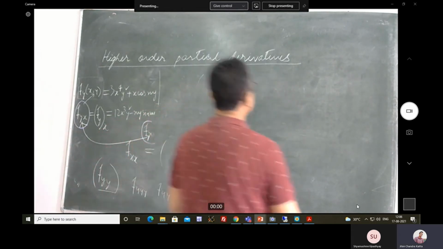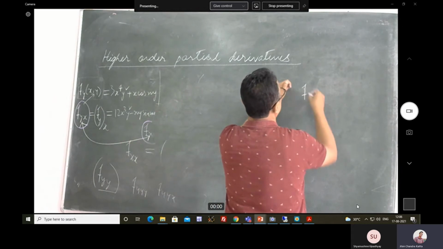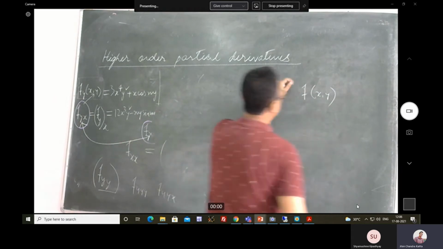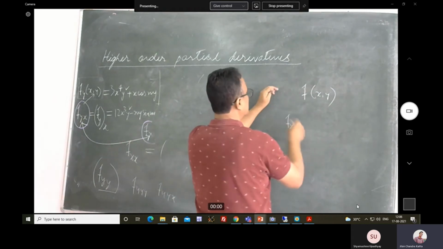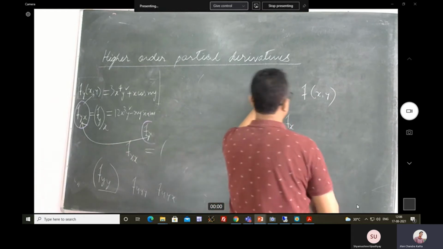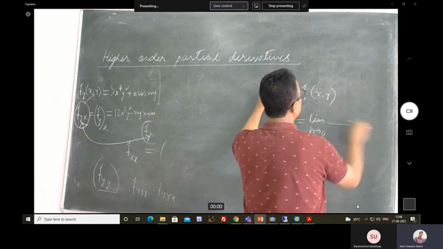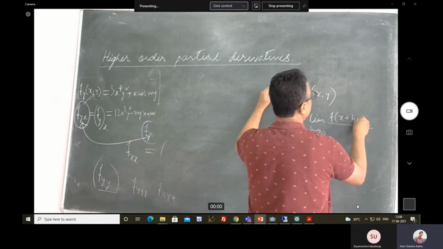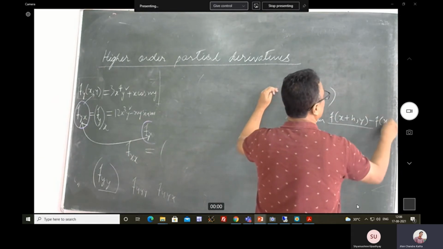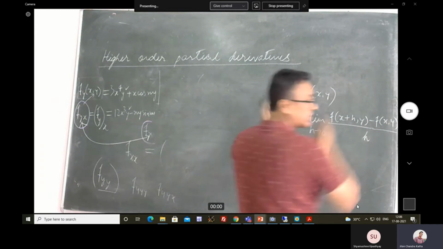suppose you are given a function f of xy. Okay, so then if you find the partial derivative of f with respect to x, this is simply the limit as h tends to 0 of f of x plus h, y minus f of x, y, divided by h.